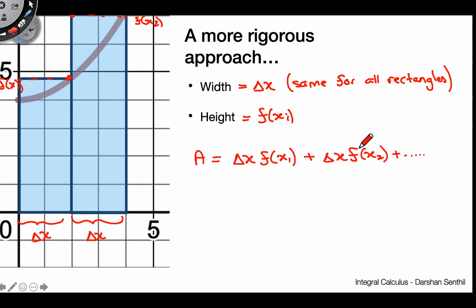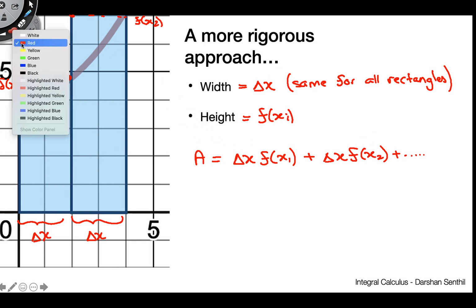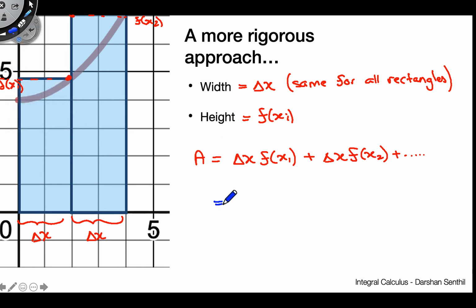And if I wanted to be a little bit fancy here, I could use summation notation and say the following. So this area is going to be the same thing as the sum. This is what we call sigma, right? The sum from i equals, not 0, it should be i equals 1 to n, right, where n is my number of rectangles. That can be whatever you want, of f of x sub i times delta x.